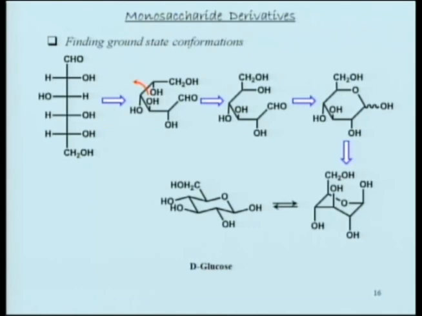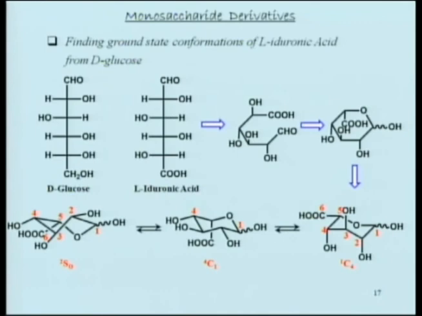Which is the bigger group? The dominant feature is going to be the bigger group, usually at carbon number 6. Okay? If there is none, then which is the dominant group? Which interactions are more? 1,3-diaxial interactions, more or less, and that's how the conformations of these sugars are typically determined. Right?